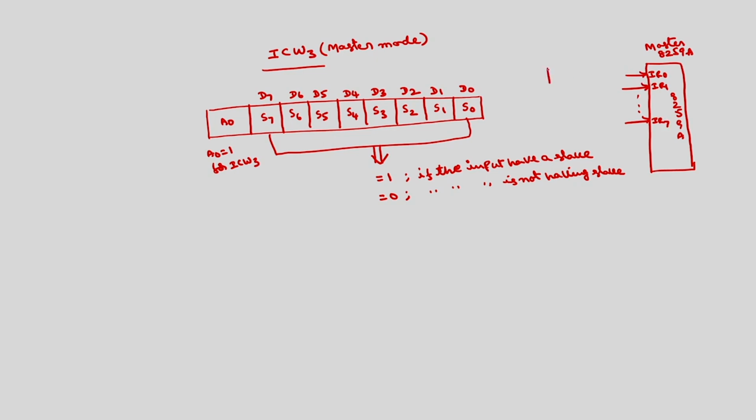If I connect a slave 8259A to this IR, the INT of the slave will be connected to the IR of the master, then this S0 bit will be 1, indicating that there is a slave connected to IR0. If there is no slave connected to IR1, then the S1 bit will be 0, indicating that there is no slave. If I assume that only one slave is there, connected to IR0, then the S0 bit will be 1 and the remaining bits will all be zeros.